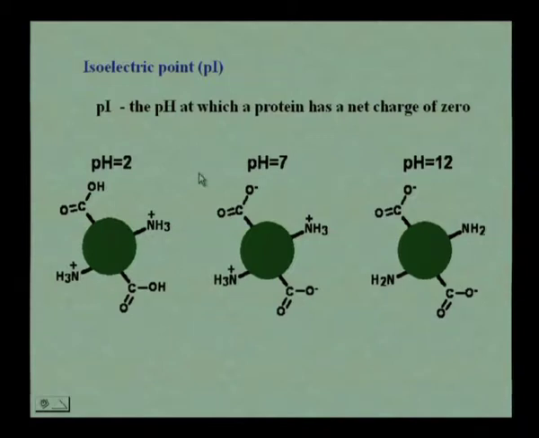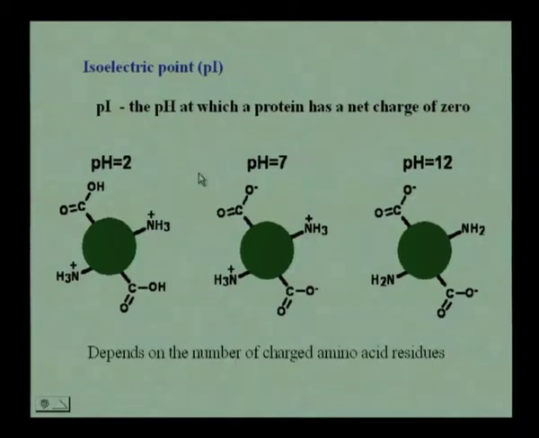Okay? So, that is what we mean when we consider the pI of the protein, and you understand that it depends on the number of charged amino acid residues. It is going to depend upon the number of lysine, arginine, aspartic acid, and glutamic acid that you have in the protein, because that is where you associate the charges that are essential in understanding how you can determine the pI of the protein.